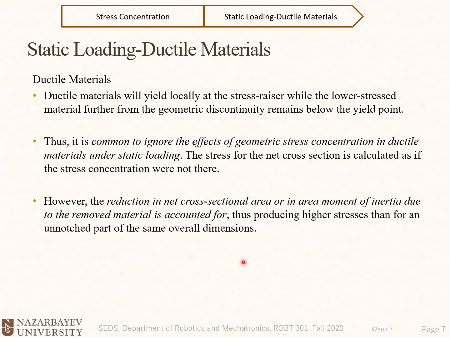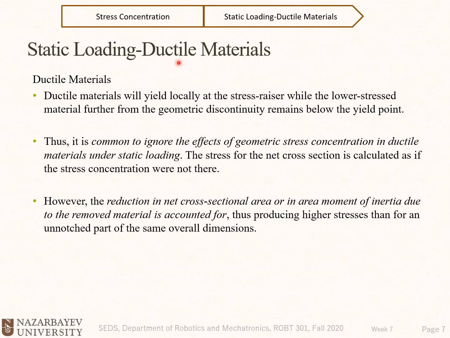We said that normal stress sigma x is equal to Kt multiplied by sigma nominal. Because the material is ductile, we could ignore Kt; Kt is 1.